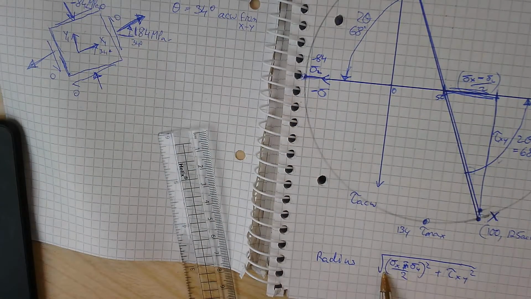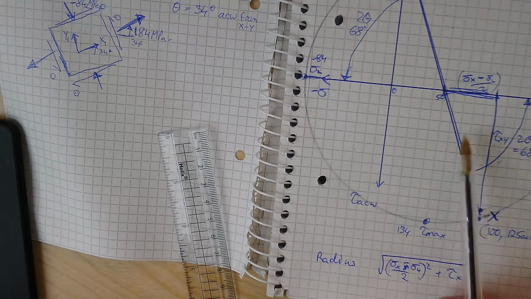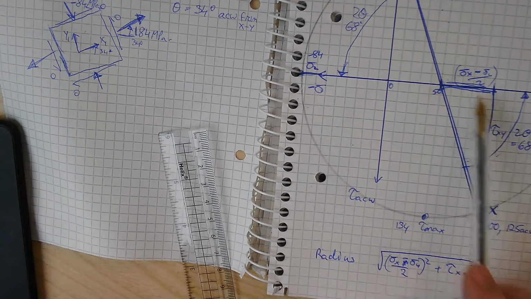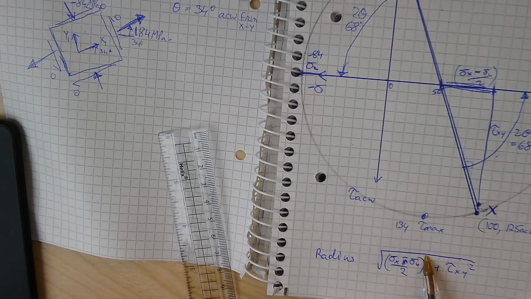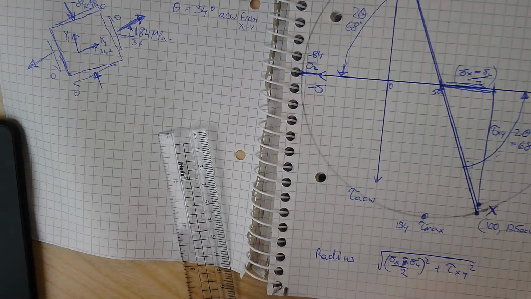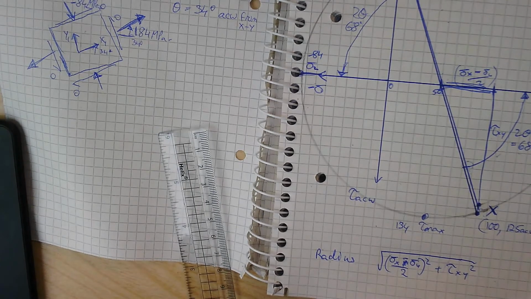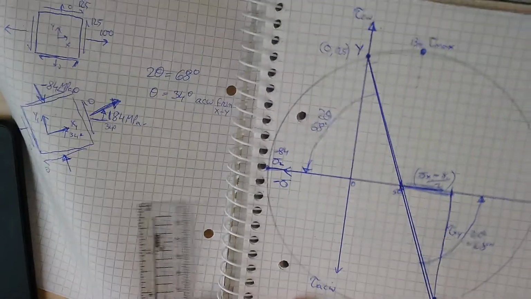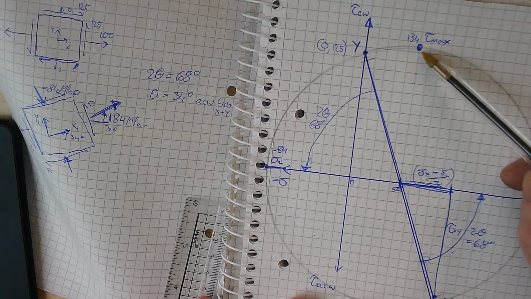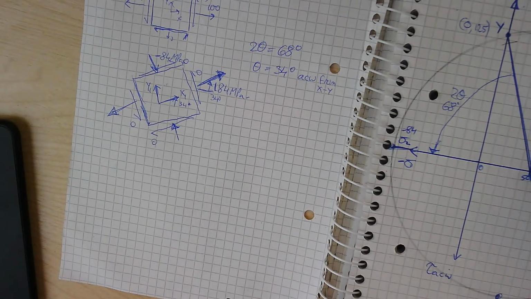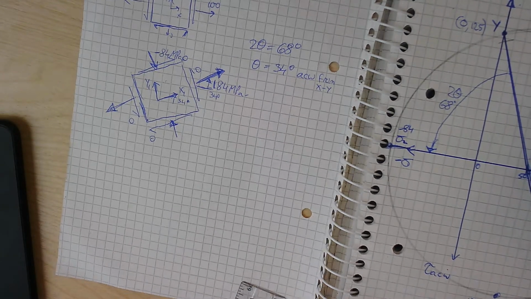Okay? So the square root of the sum of the squares of those two sides of that triangle is the radius. And if you know the center of the circle and you know the radius, that will give you sigma 1 and sigma 2. And the radius of the circle is equal to tau max, 134. Okay? So your maximum shear stress is this point up here, it's 134.